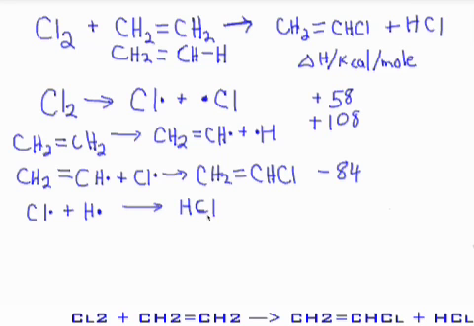It's 103.1, but we're forming the bond, so it's negative 103.1. Now, I can solve this, add up my values, and what I get here is negative 187.1. Over here I get positive 166.